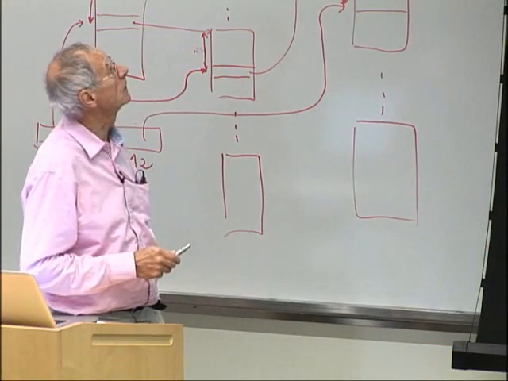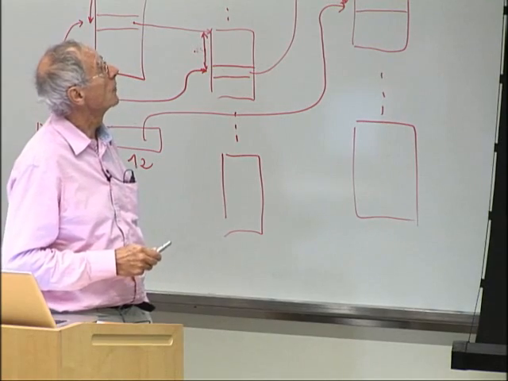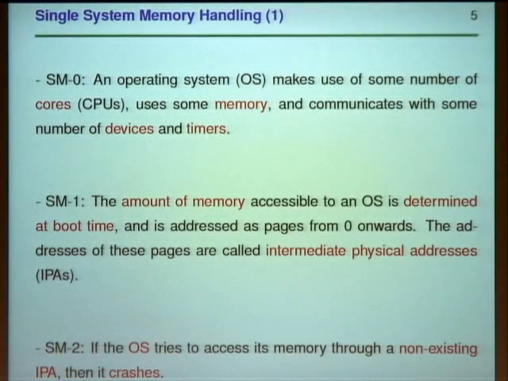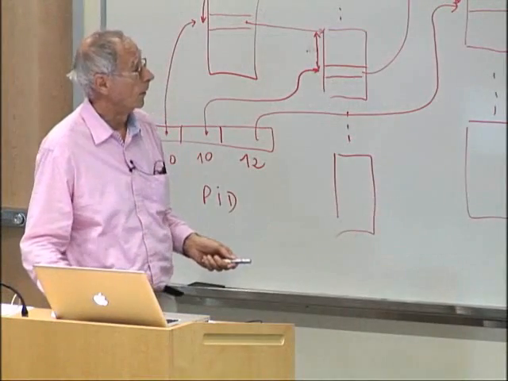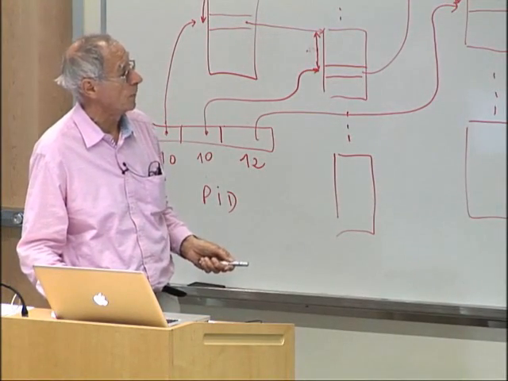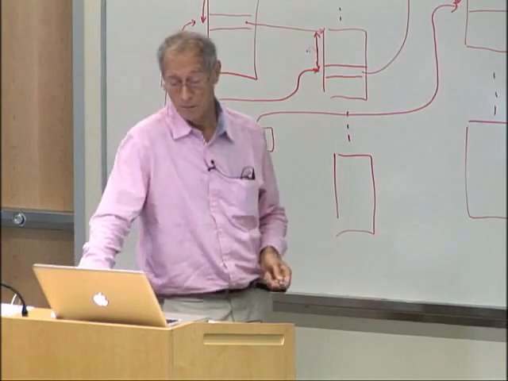So the single system memory handling. So we have an operating system that uses memory device and some timers, and the amount of memory accessible by an OS is determined at boot time, and we call them IPA, intermediate physical addresses. And, by the way, if the OS tries to access memory through a non-existing IPA, then it crashes.